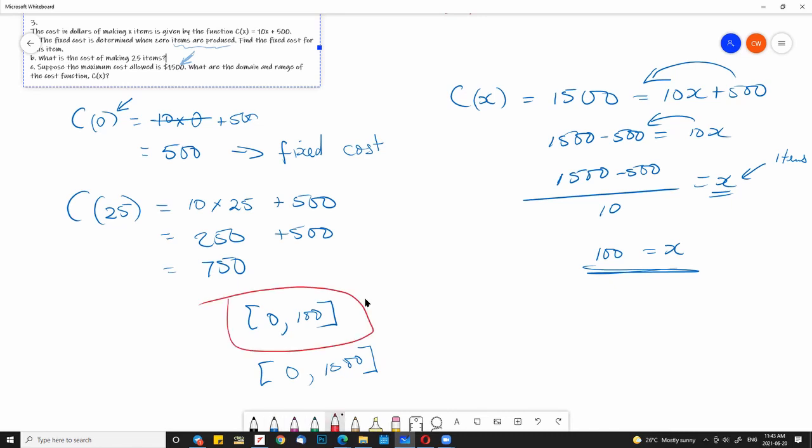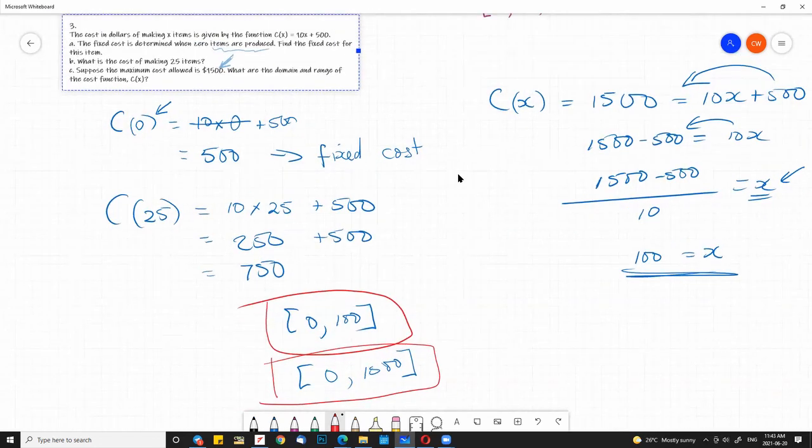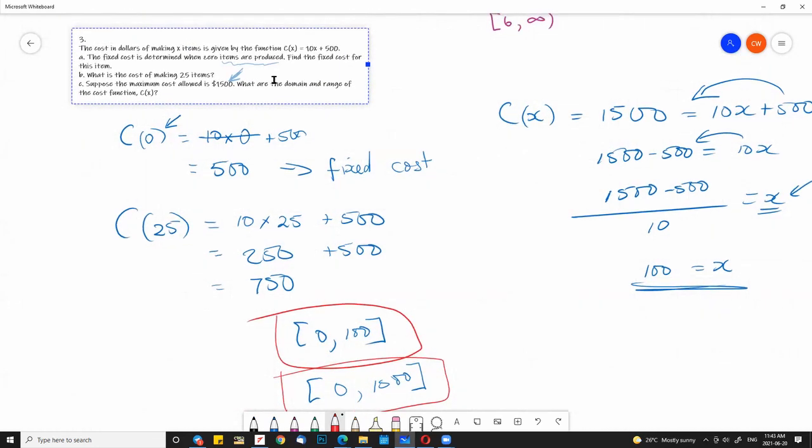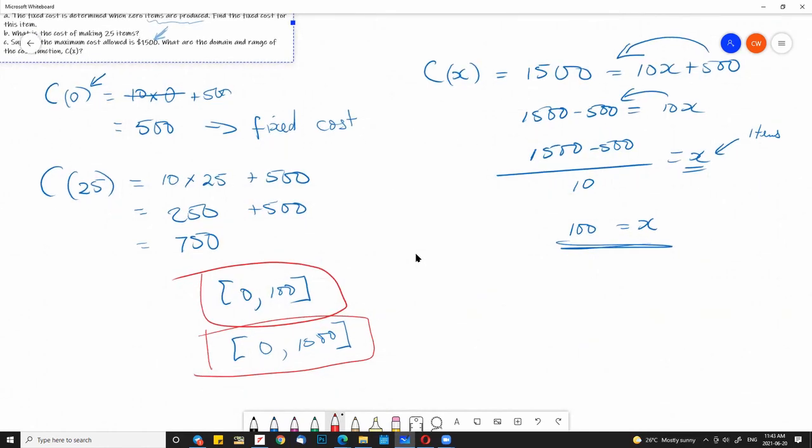Now here is where I'm going to tell you, there will be some confusion and argument within the assignment, because some people will say, from A, we have a fixed cost of 500, meaning the least we're going to spend is 500, and the most we're going to spend is 1,500.